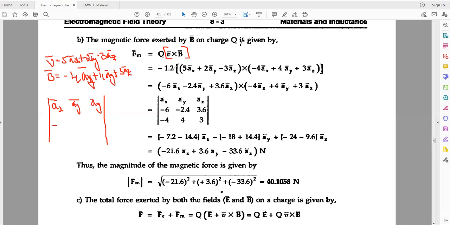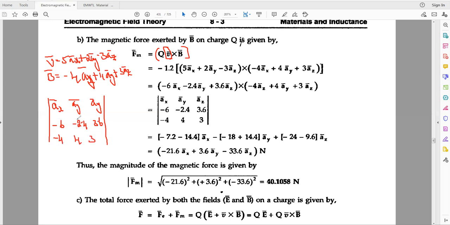After multiplying by 1.2, it is directly given as minus 6, minus 2.4, and 3.6. I multiplied Q here; otherwise, finally after applying the cross product, you can multiply by Q and get the right answer. Now the third row is minus 4, 4 and 3.